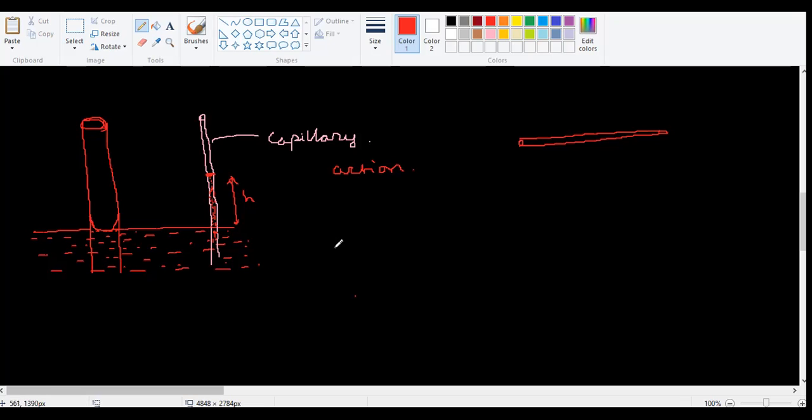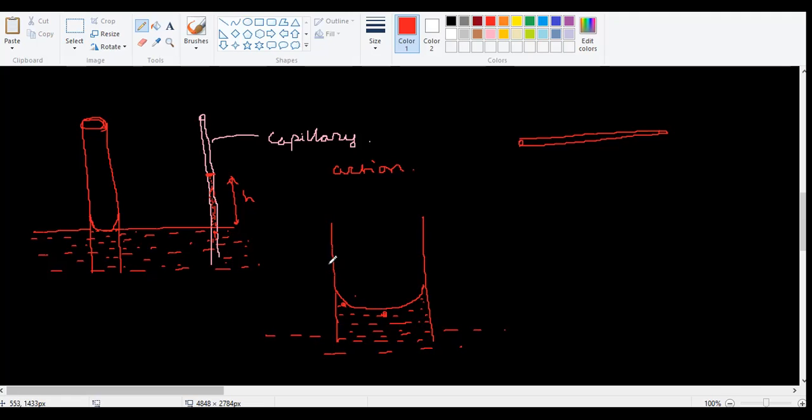The way I understand this is, suppose you take a bigger tube like this, let's exaggerate this. Listen carefully. If I say the water level is rising to a certain level like this, the molecule over here will also attract the molecules over here.